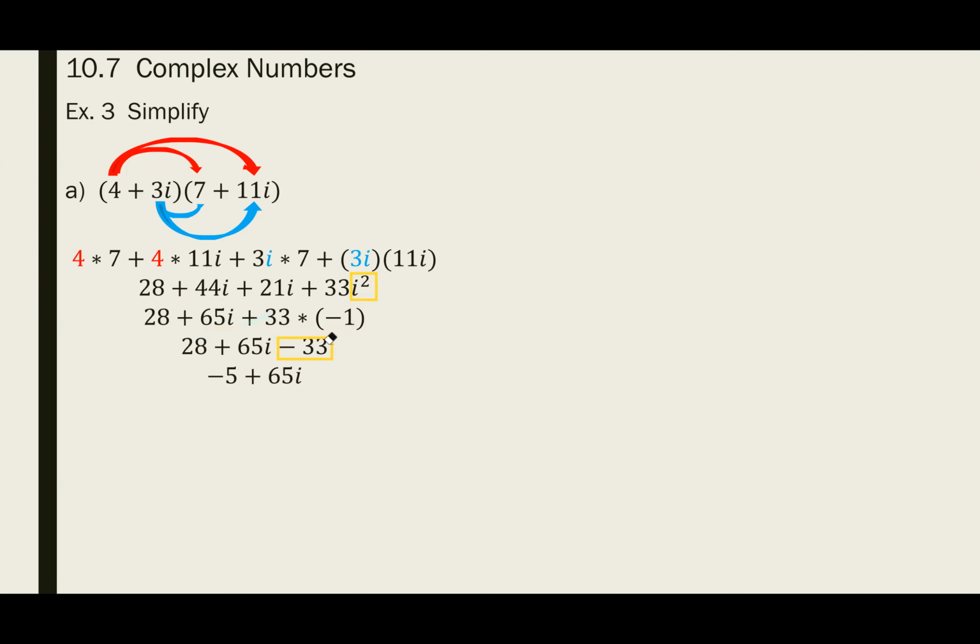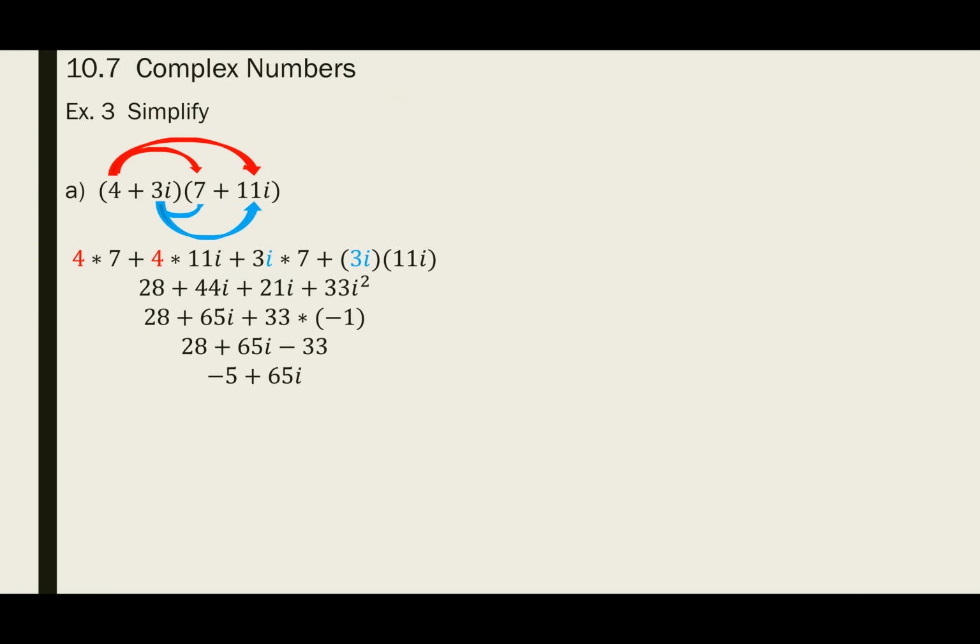So that's the only thing new in terms of FOILing this out: we need to substitute an i squared to become a -1, because that's our property of i, and then we combine like terms. We did this last time, and this is where we stop.